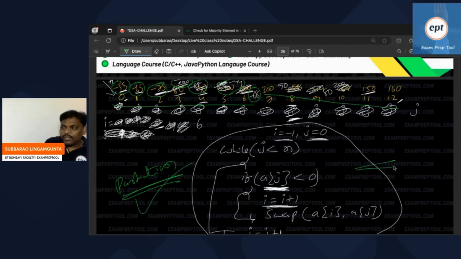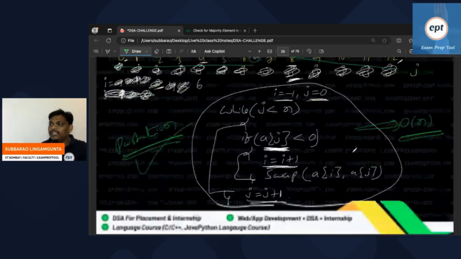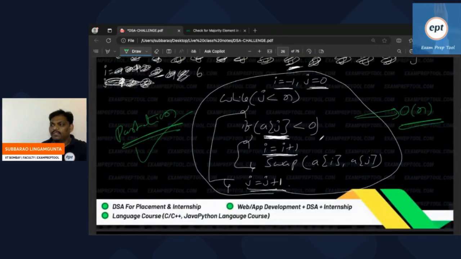The time complexity is one for loop or one while loop, order of n time. By taking one scan, I made all positives one side, all negatives one side. This is the code for the partition algorithm. Very simple. I is meant for negative people, J is meant for positive people.